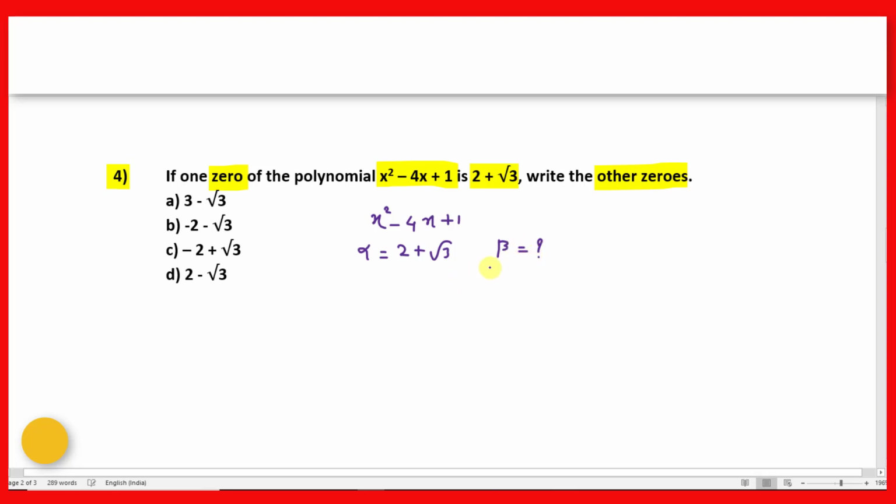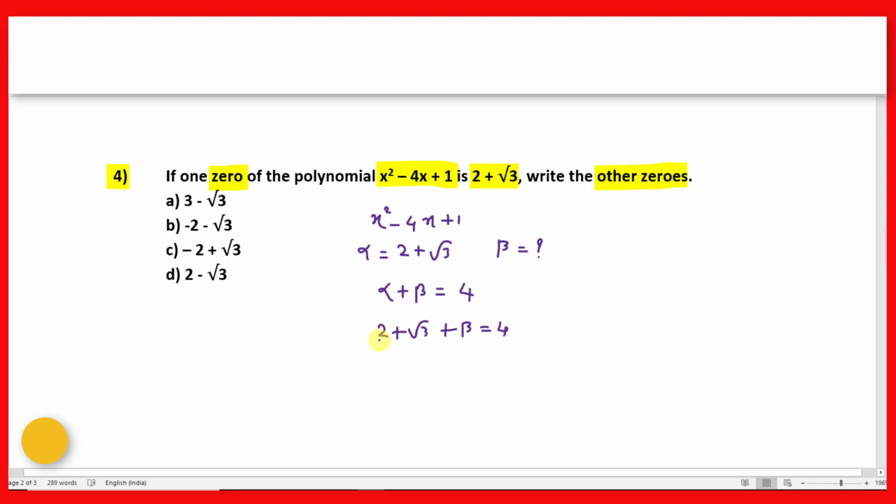We know that the sum of the roots, alpha plus beta, is minus b upon a, so it will be 4 upon 1, that is 4. Out of that, alpha is 2 plus root 3, so it is 2 plus root 3 plus beta, which is equal to 4.